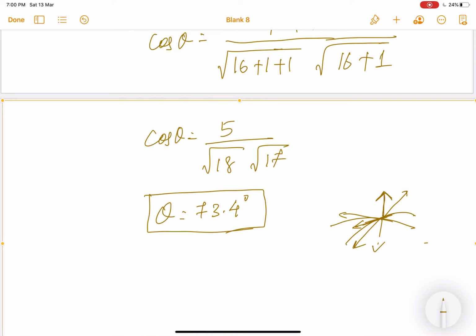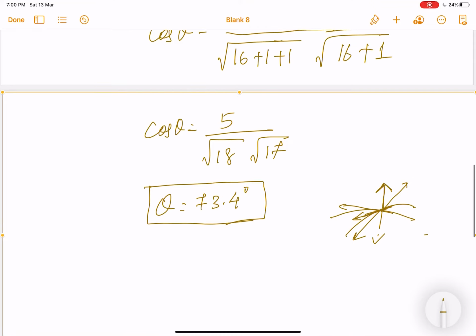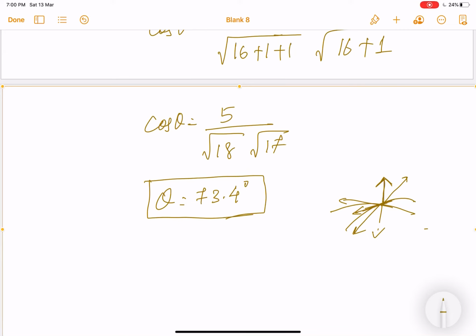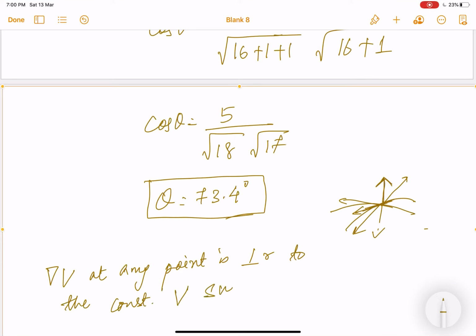Remember, for this question or any question like this, where it is about the normal to a given surface, you will take out the gradient. Basically, the gradient of a scalar at any point is perpendicular to the constant surface that passes through that point.